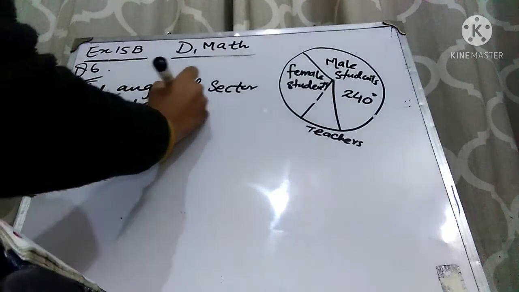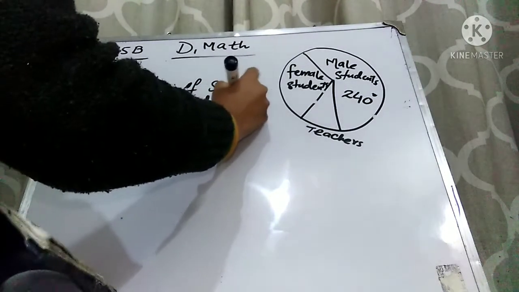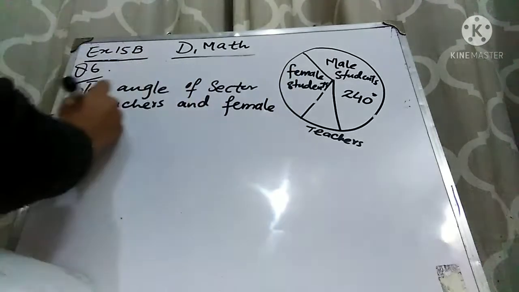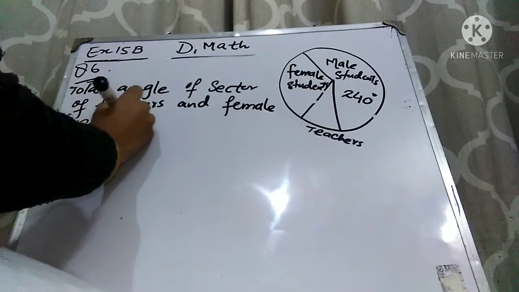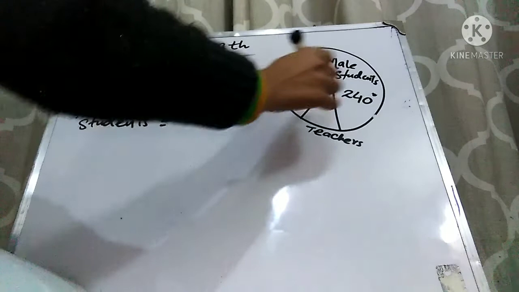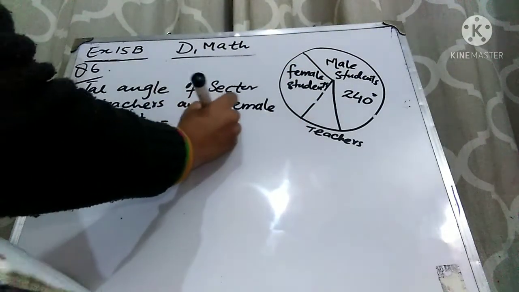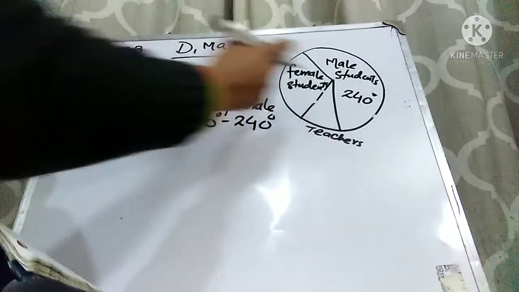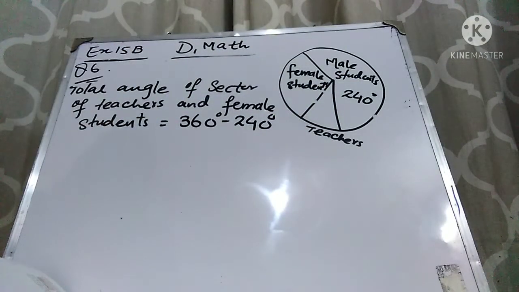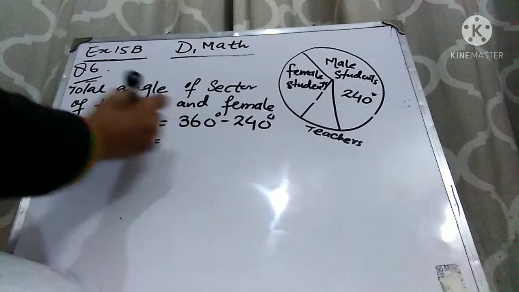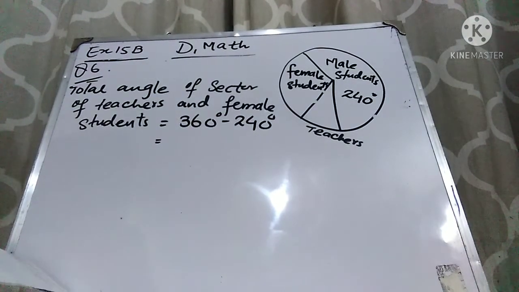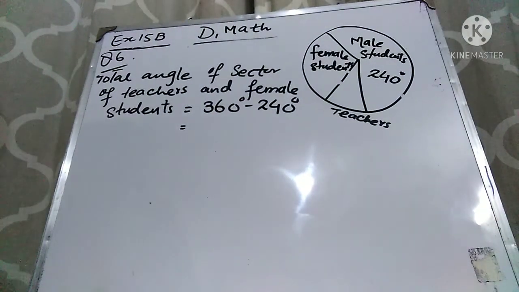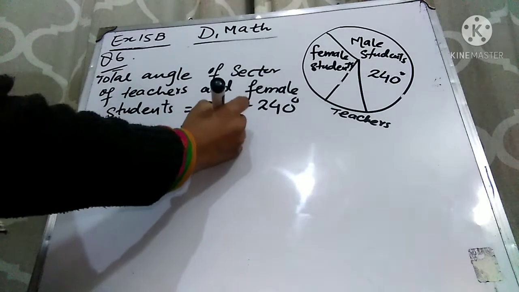I will subtract from our complete whole circle, which is equal to 360 degrees, this 240, because we don't need male students. So when I subtract 240 from 360, I will get 120 degrees. Now we have found the angle of 120 degrees.